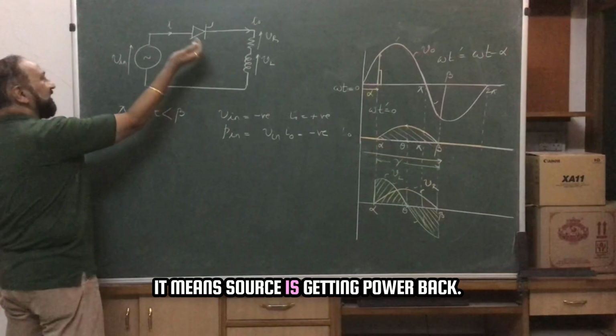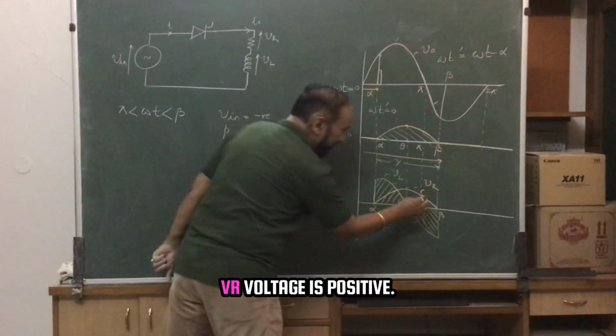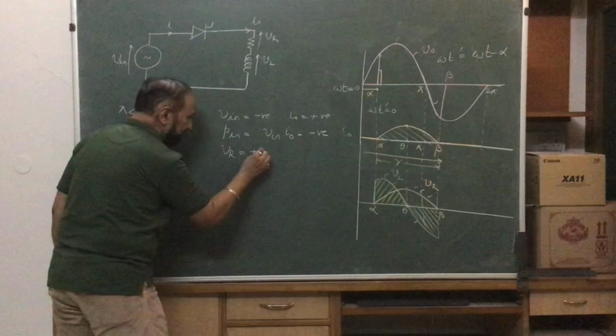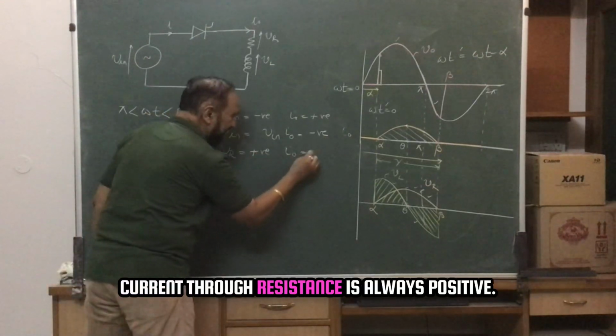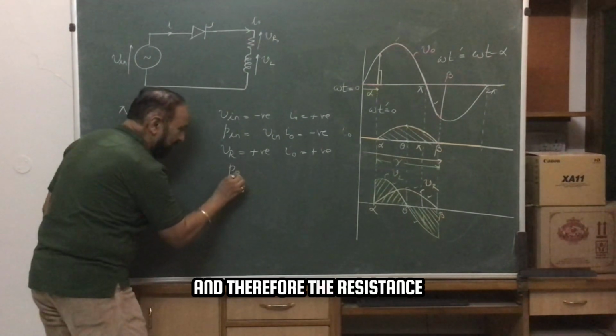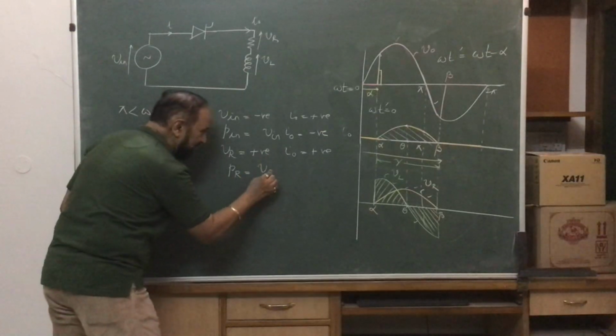It means source is getting power back. VR voltage is positive. Current through resistance is always positive, and therefore the resistance is still consuming the power.